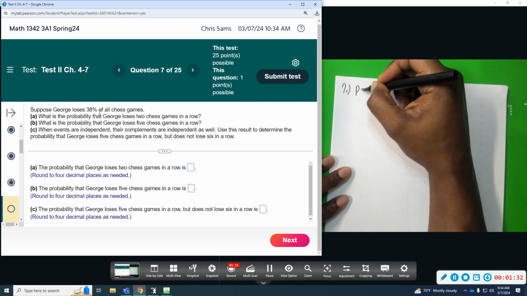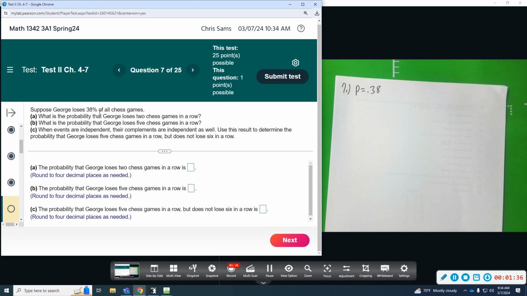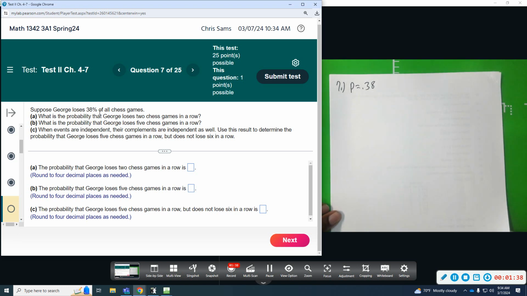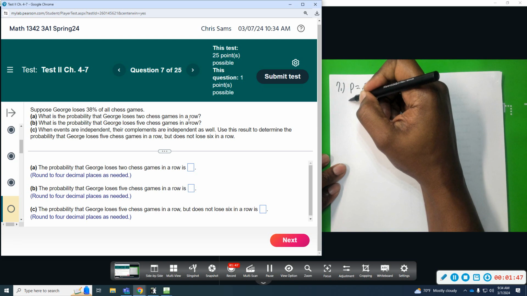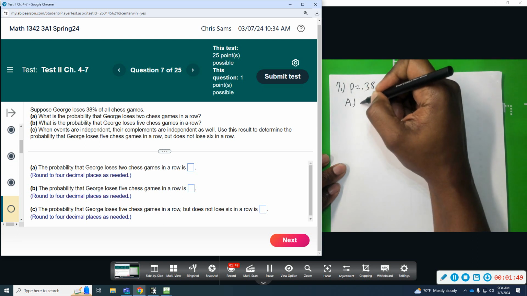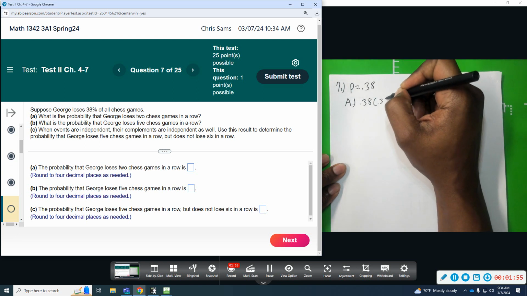Probability of a loss, I'm just going to say 0.38 as a decimal, and we're looking at losing. So the probability he loses 2 in a row is just going to be 0.38 times 0.38.